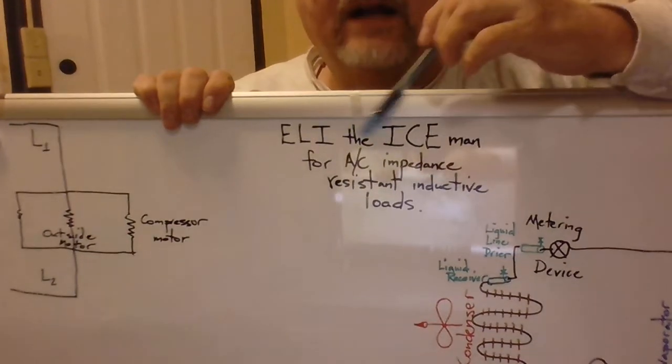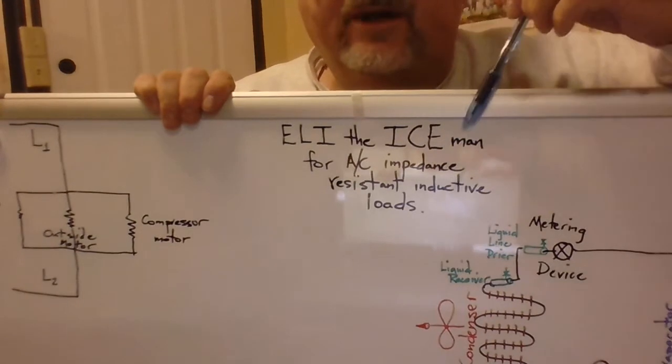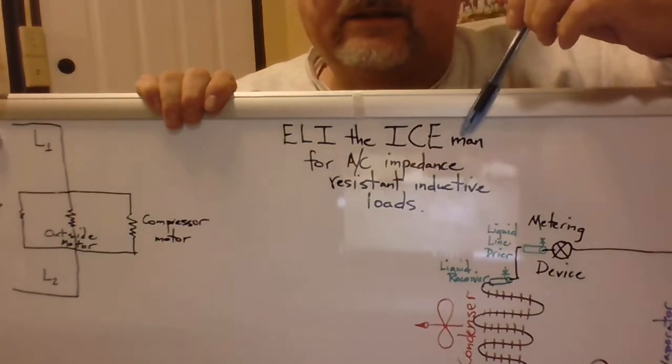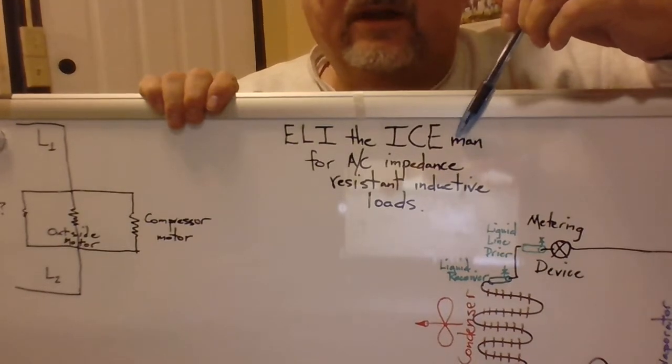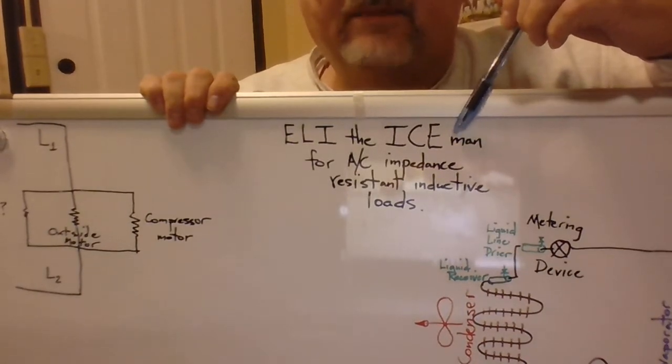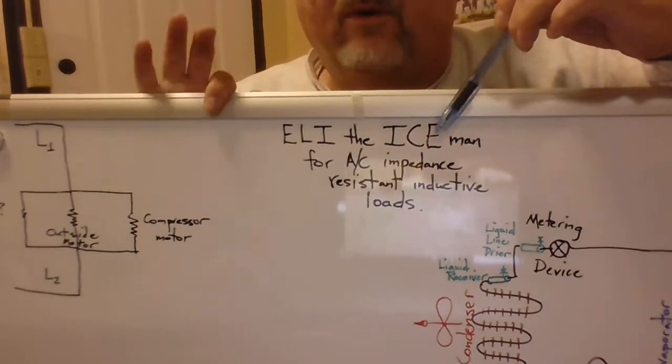These two concepts come together to create the surge protectors that you need to put on newer systems, especially because the inverter type compressors can be easily damaged by flickering power issues two, three, four, five, six blocks away.